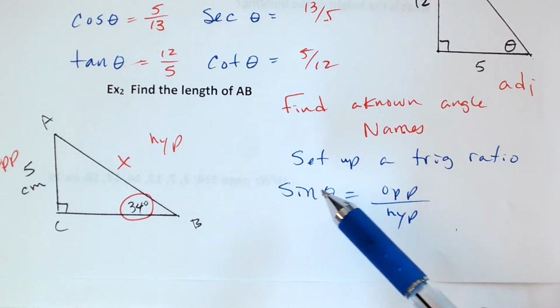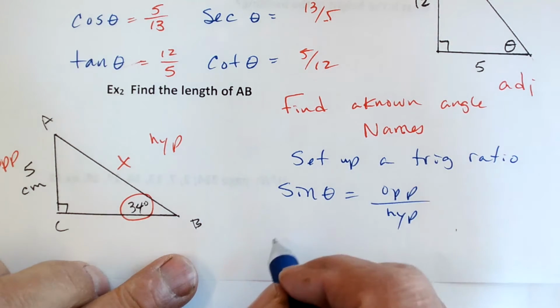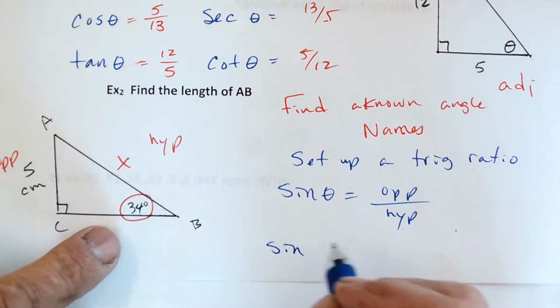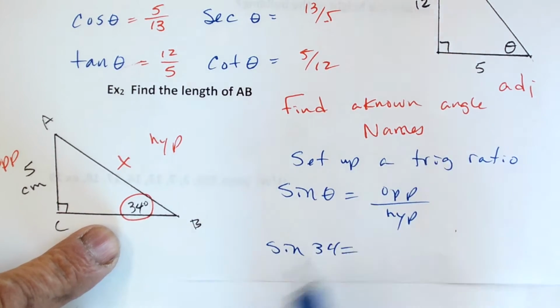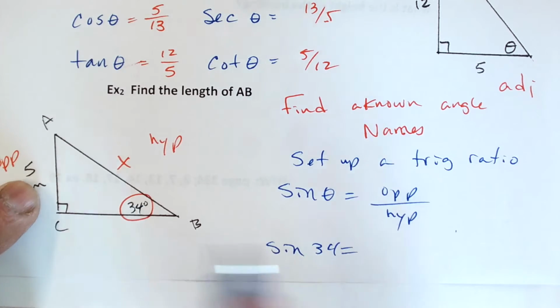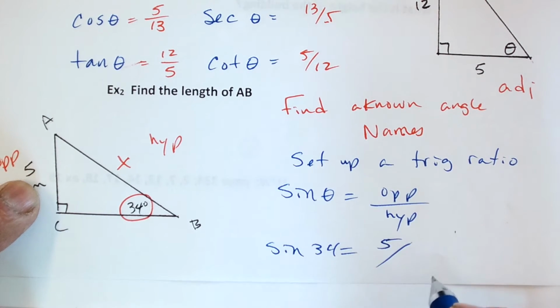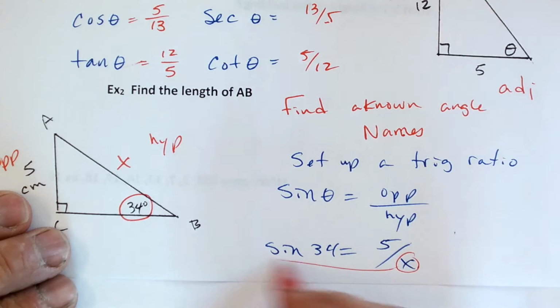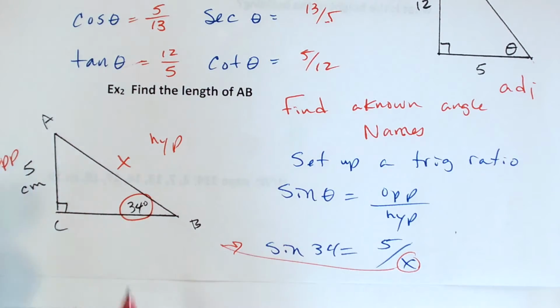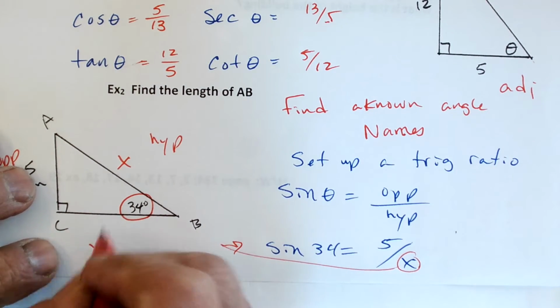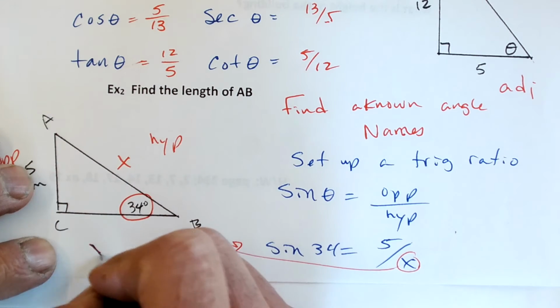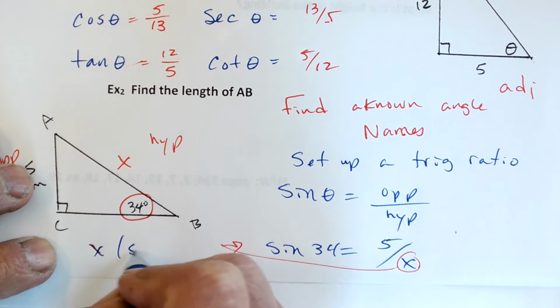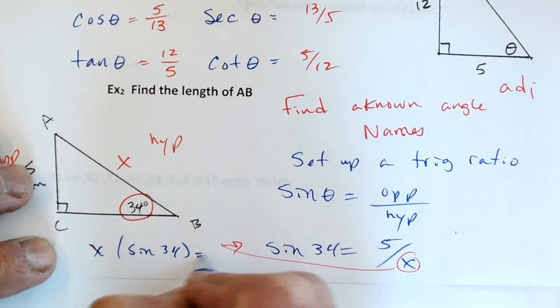So sine of 34 is equal to 5 over x. Now I got to solve for x. If I multiply up the x, I'll have x times sine of 34 equals 5.